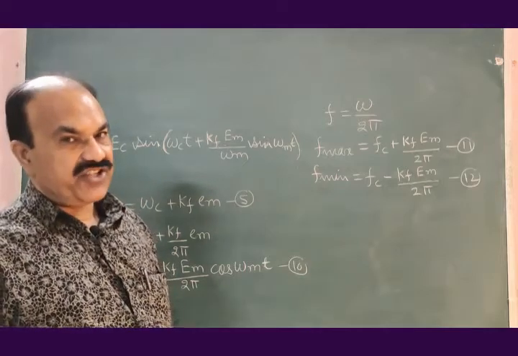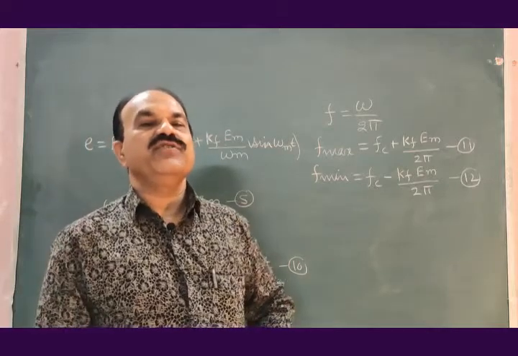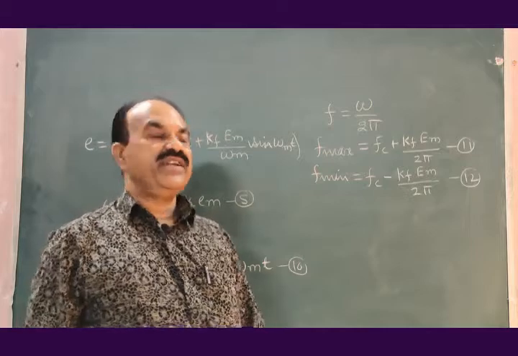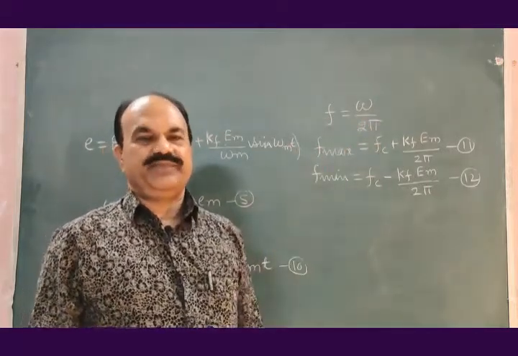So the maximum variation and minimum variation in the frequency of the carrier voltage in the frequency modulated voltage is found by using equations 11 and 12.